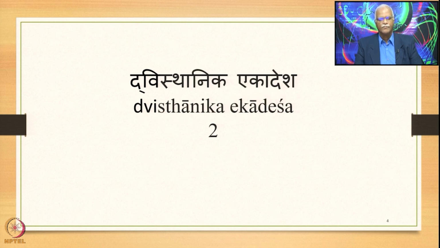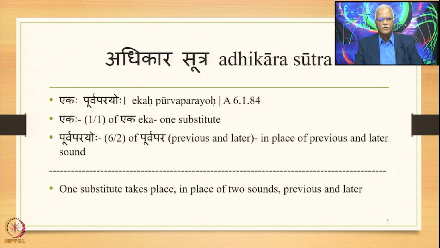In this Dvisthanika Ekadesha, the main part is played by the sutra which is an Adhikara sutra, Ekah Purva Parayoho, 6.1.84, where Ekaha means one substitute and Purva Parayoho means in place of previous and latter sound.